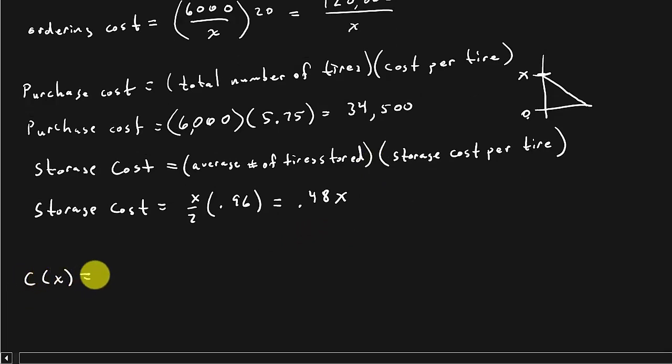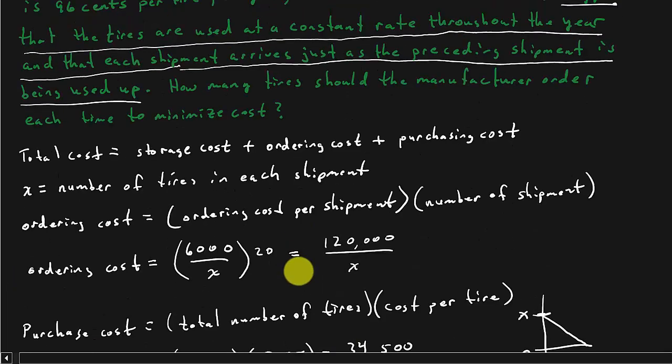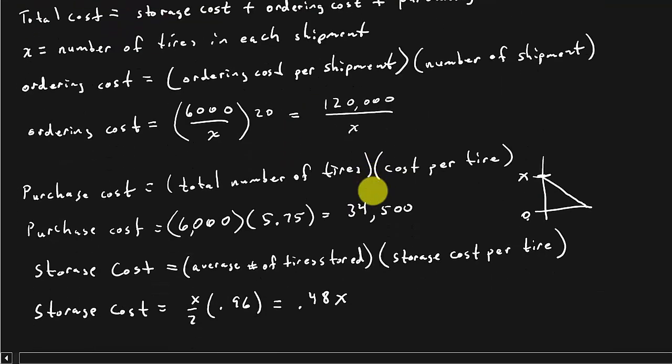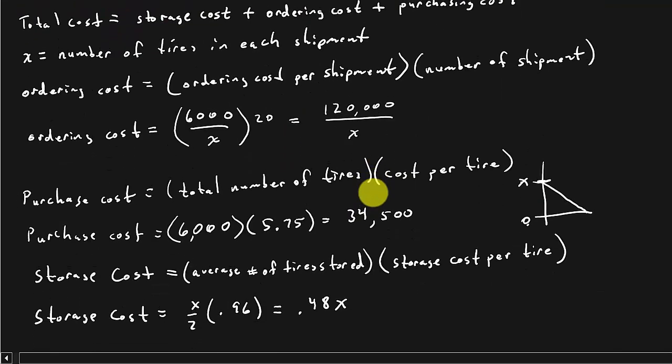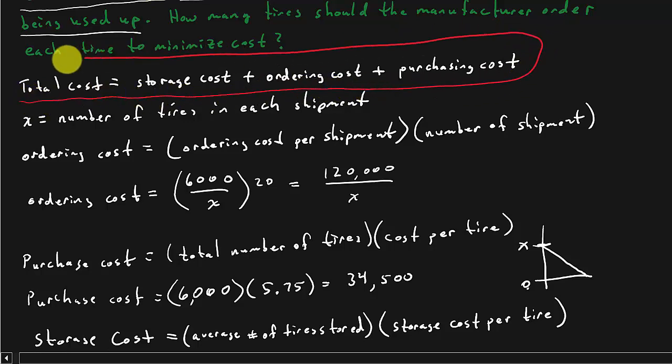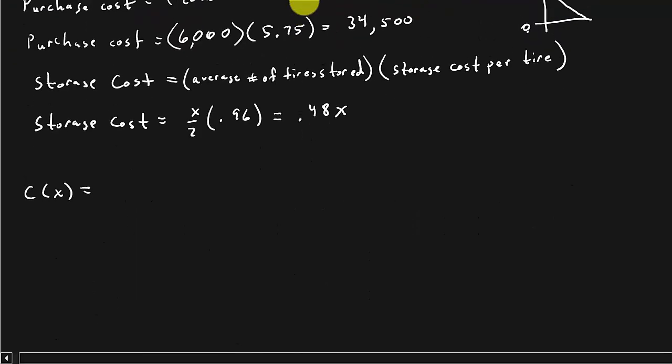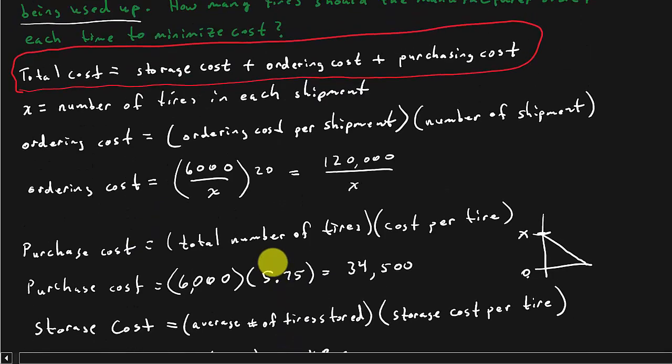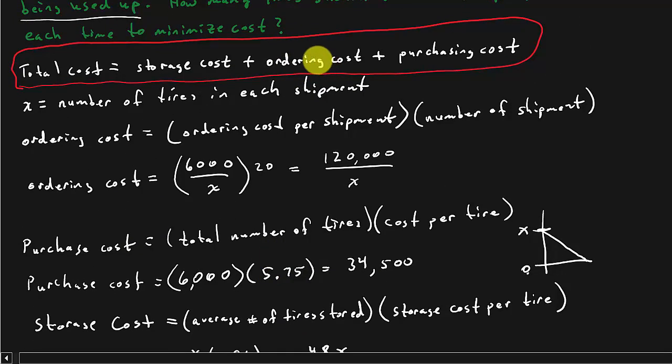All right, so now we're ready for our cost function. All that just to get the cost function. Remember, where is it? I know I wrote, there it is, right here. Let me highlight that. There's my total cost. The storage cost is 0.48x plus the ordering cost.